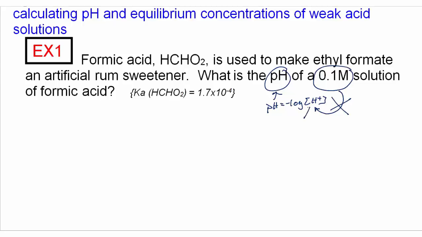We have to find the hydrogen ion concentration, because for weak acids, like I said, only 1 out of every 10,000 or less of these weak acid molecules actually dissociates. So we have to calculate. That's an equilibrium concentration. It's an equilibrium composition problem. So that means we have to do ICE.